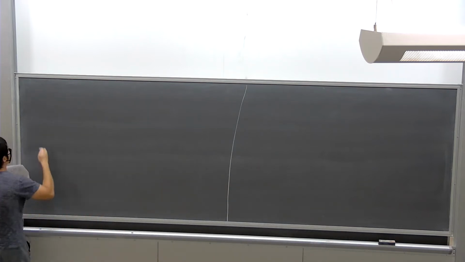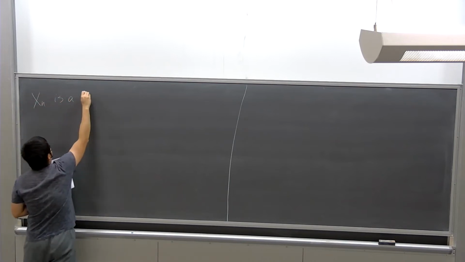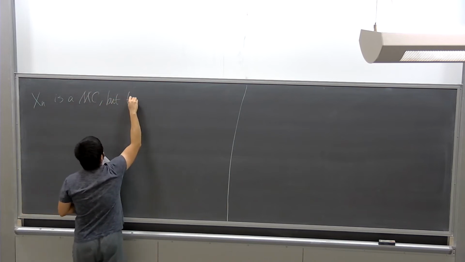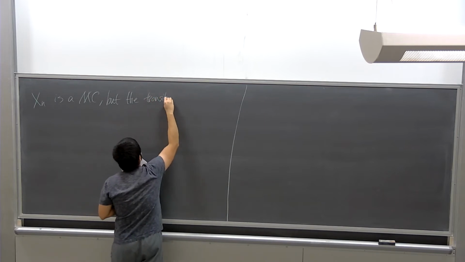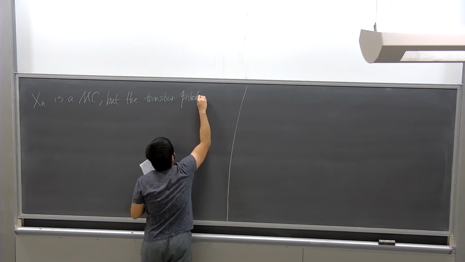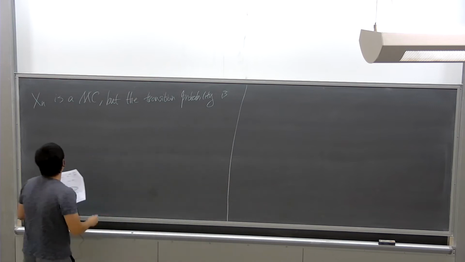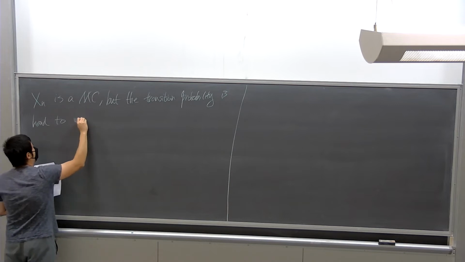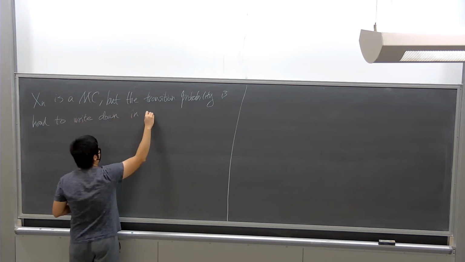So xn is a Markov chain, but the transition probability is hard to write down in general.